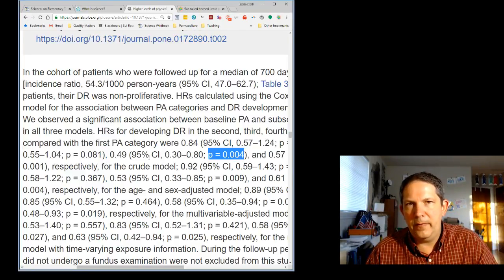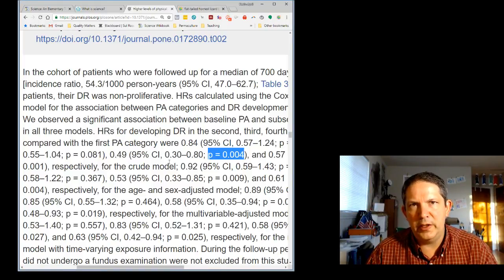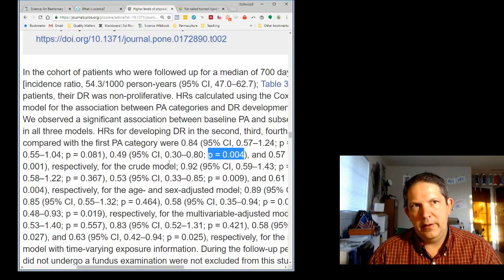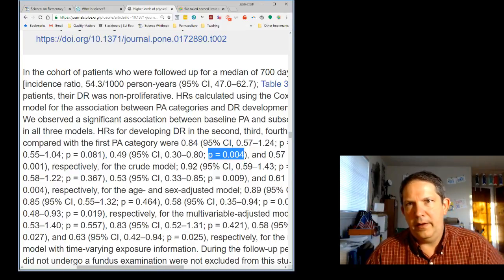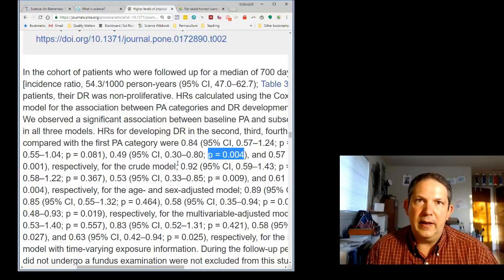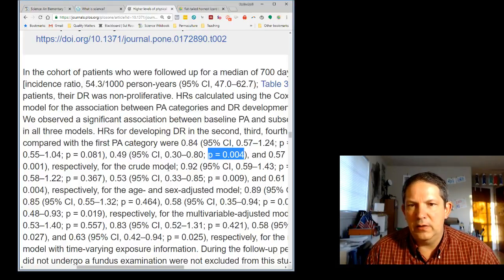So the cutoff, and it's just tradition, there's no magic about it, but usually the cutoff is 0.05, like 5% chance. In other words, there's a 5% chance that I'm wrong, that these two things really aren't different, that I just got these data by chance, but that gives you some confidence that you're right.